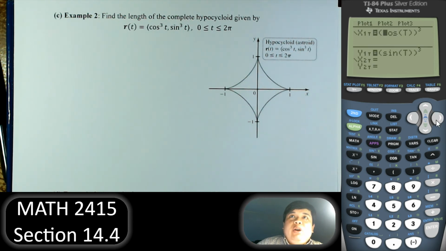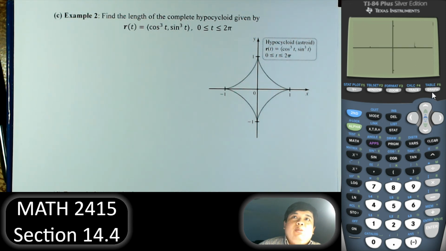So if we have a square, let's say if this is 1, what do we have? It's cosine, sine. That is a perfect circle, right?